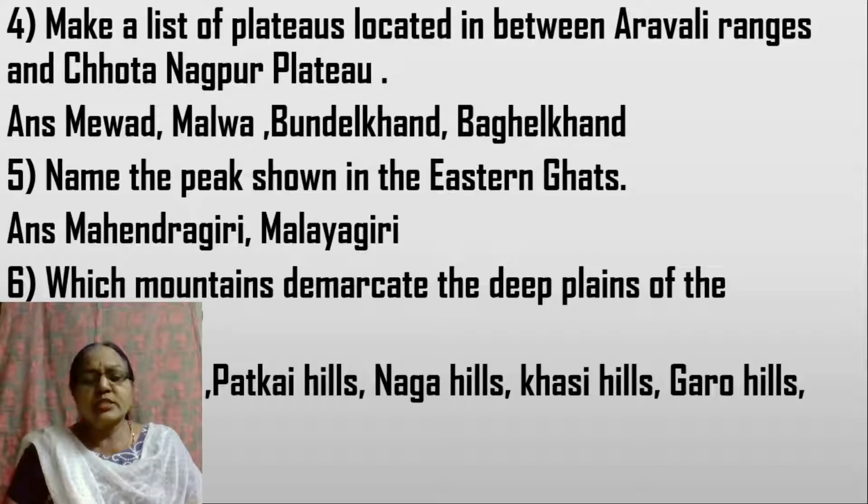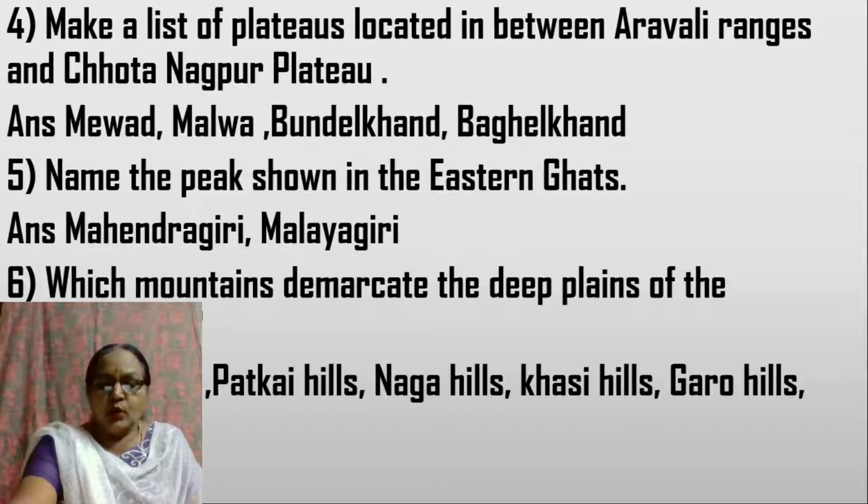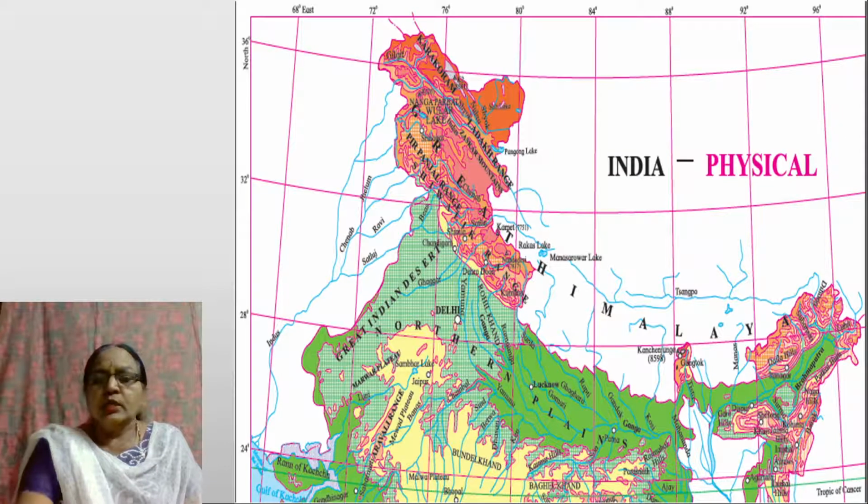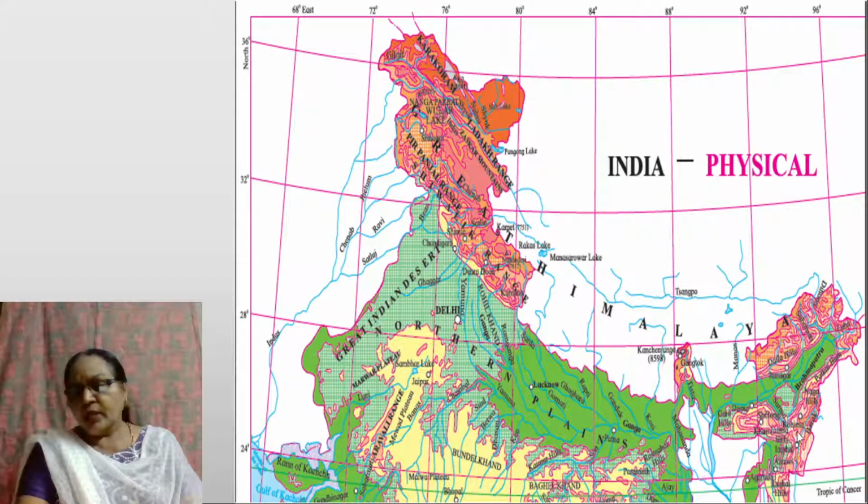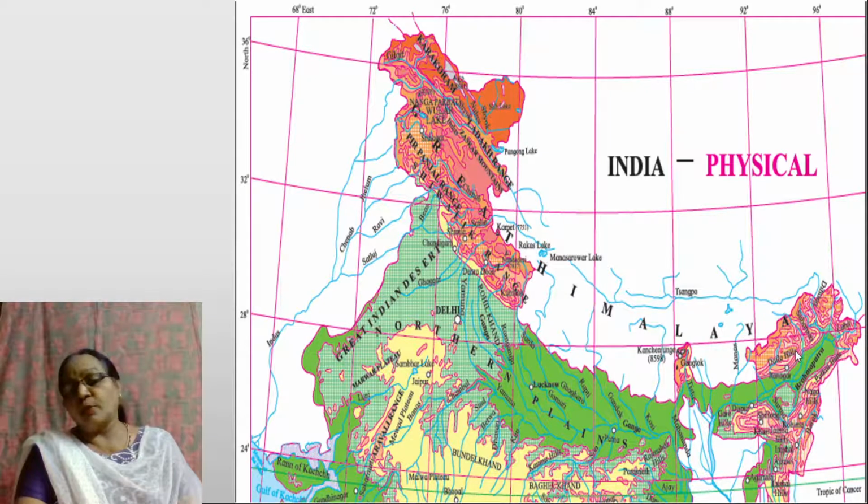Which mountains demarcate the deep plains of the Brahmaputra? Okay, now if you can see here, we have certain hills along the northeast part of India. The Himalayas extend into the northeastern part of India as the hills of the Purvachal. So you've got smaller hill ranges.